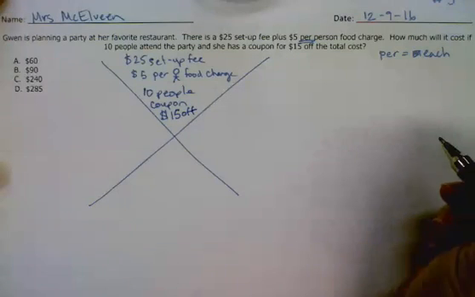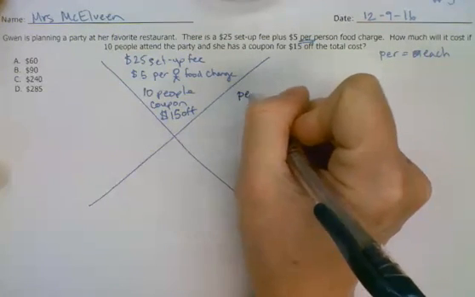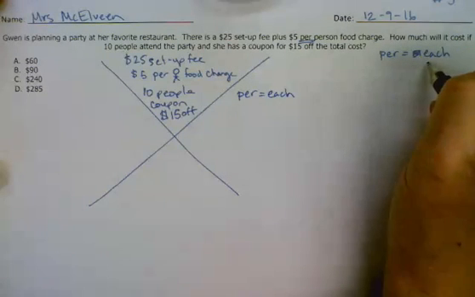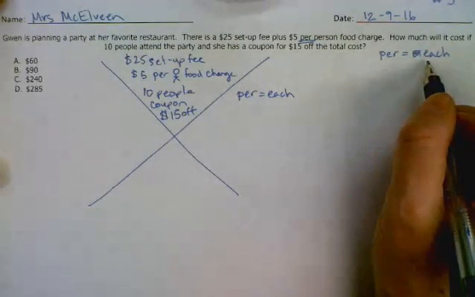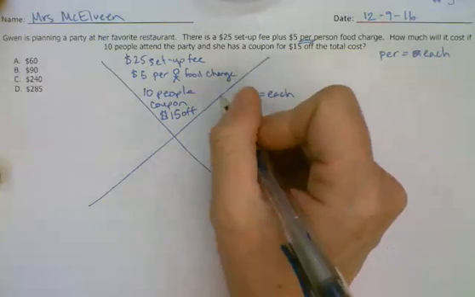Love coupons. So on important words, as we said, per is going to mean each person. If you have your list going in your math notebook with strategies that help efficient solving, add per and talk about that it means each or even for one. And it says, how much will it cost?